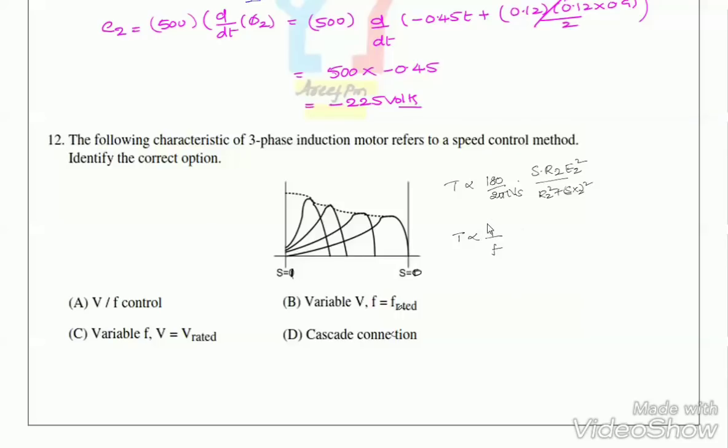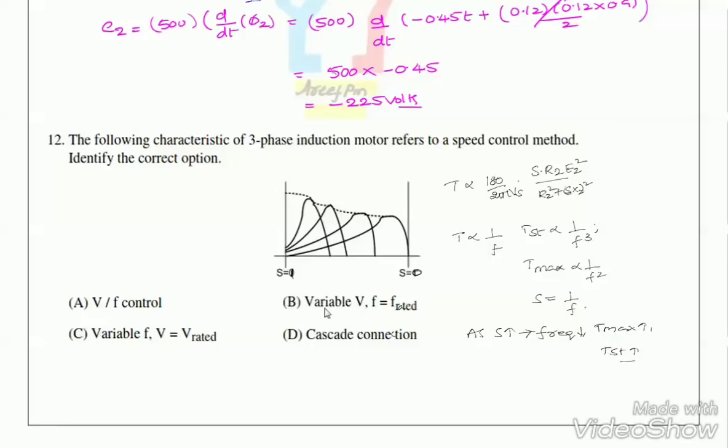Okay, so specifically, starting torque is proportional to 1 by F cubed, and T maximum is proportional to 1 by F square, and slip S is equal to 1 by F. Alright, so as slip increases, meaning frequency decreases, T max increases as well as T starting torque increases.